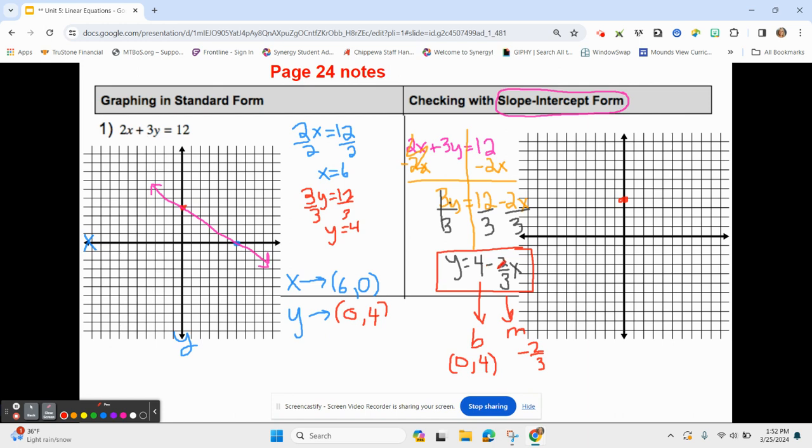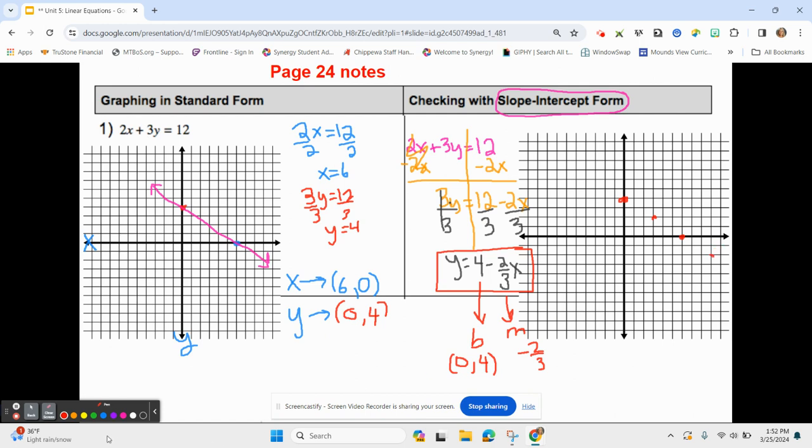Okay, I can see it's a negative because of that subtraction sign. So let's graph using our slope, starting with our b. I'm going to go down to the right 1, 2, 3, make my point. Down to the right 1, 2, 3, make my point. Now, I can add more points if I wish, down to the right 1, 2, 3.